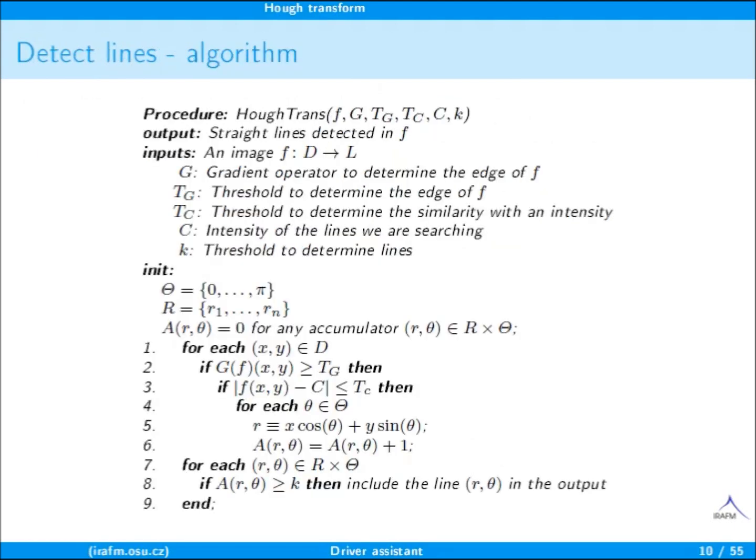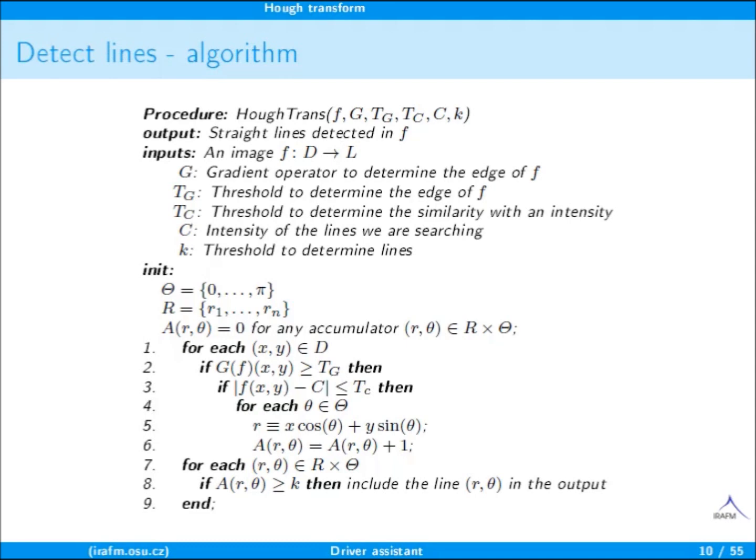Now we can introduce the Hough transform algorithm. The steps are as follows. At first, we will browse all pixels in the original image. If the gradient magnitude of a particular pixel is higher than a given threshold, we will continue to the next step. In the third step, we evaluate the distance between the pixel intensity and some intensity we are looking for. If the difference is lower than the threshold, we will continue with the next step.